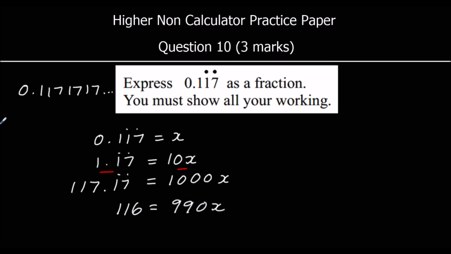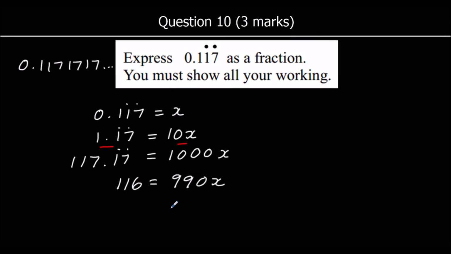So I want x by itself, divide both sides by 990. So I've got 116 over 990. We don't have to simplify it, we aren't asked to, so I'm going to leave it as it is.